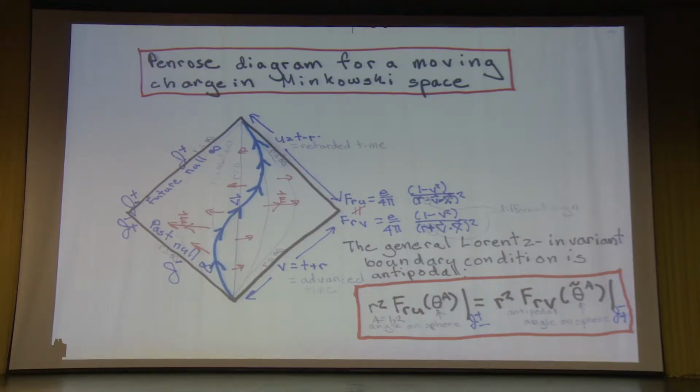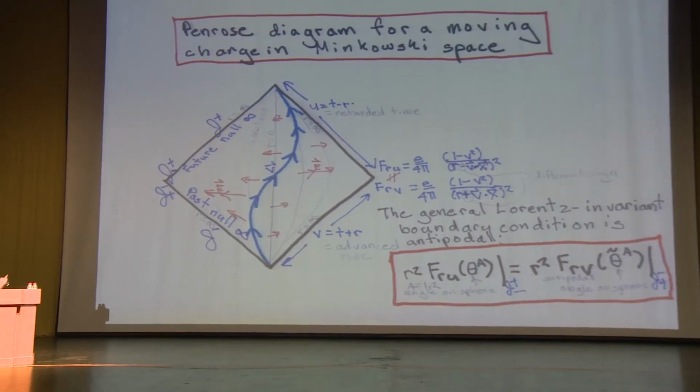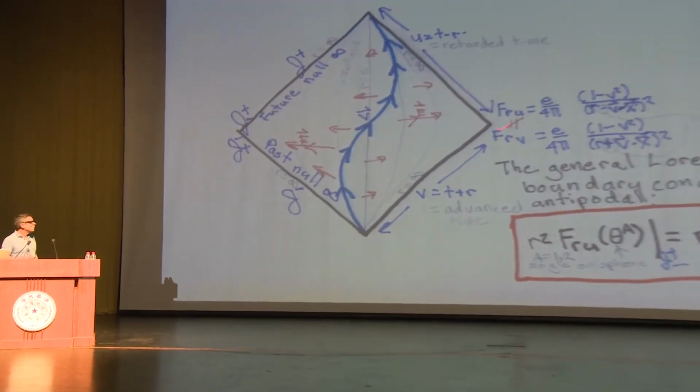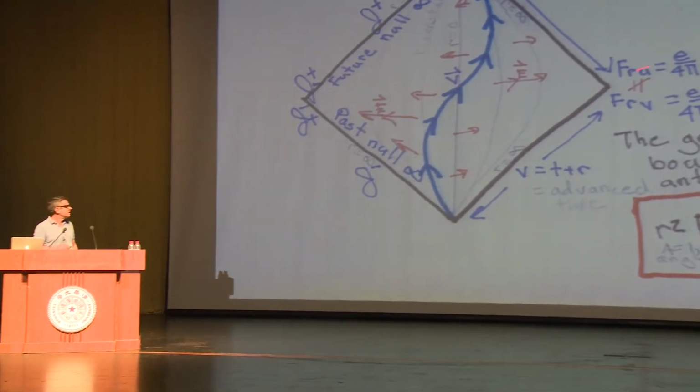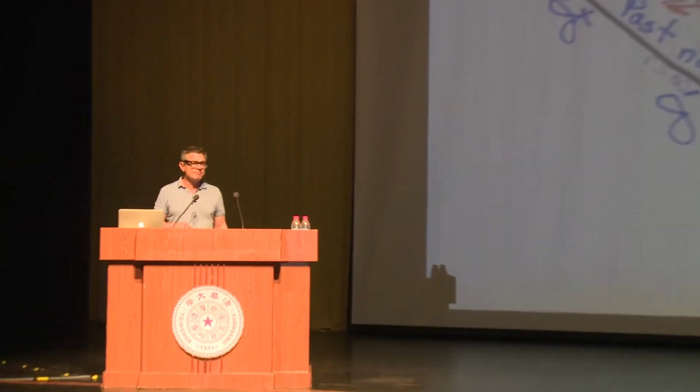If we take any number of boosted charges, it's still true. What's less obvious, but follows from a formula in Jackson, is that if you let them scatter in any way and solve it using the normal Green's functions, whether it's advanced, retarded, or the Feynman Green's function, you will always find that the field is antipodally identified.